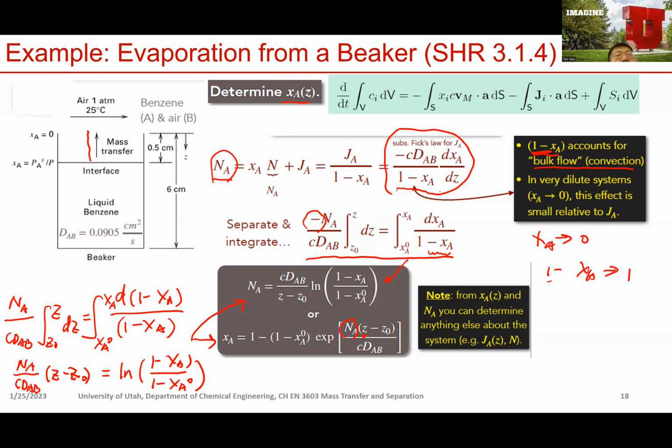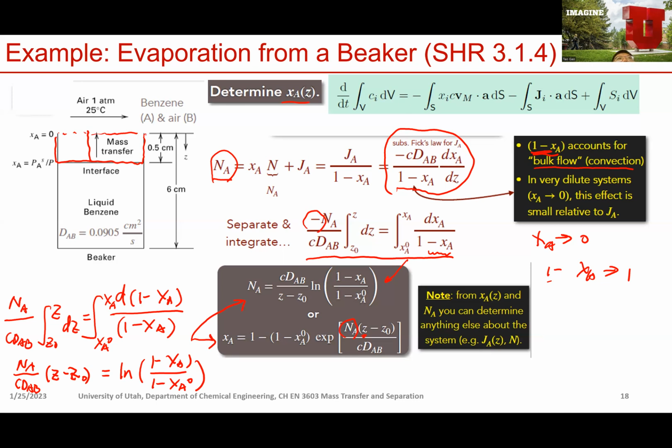Then this equation just reduces back to Fick's law. The physical meaning of this is that in this control volume, we have a mixture of benzene vapor with air.